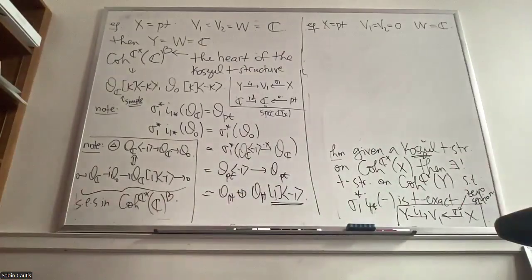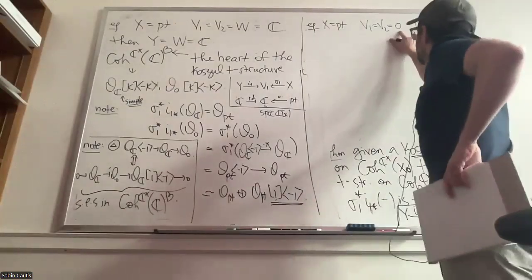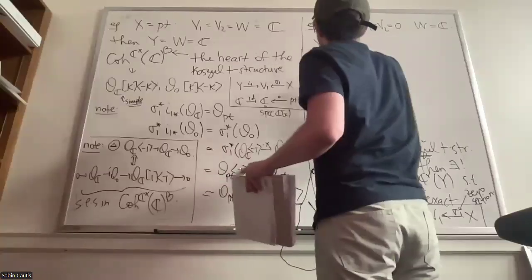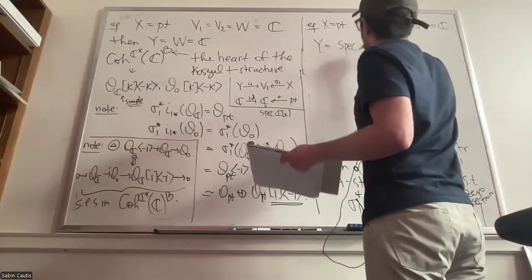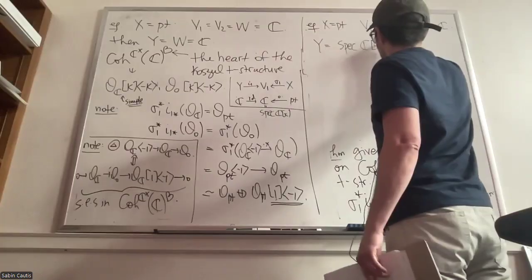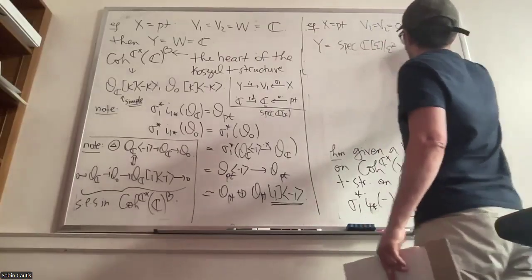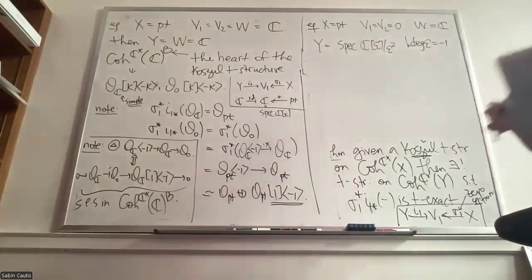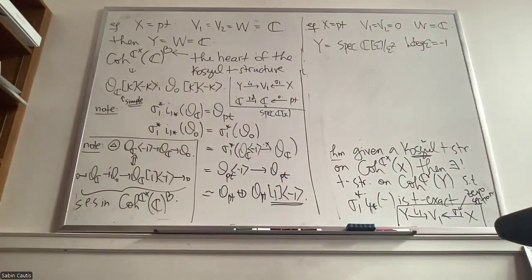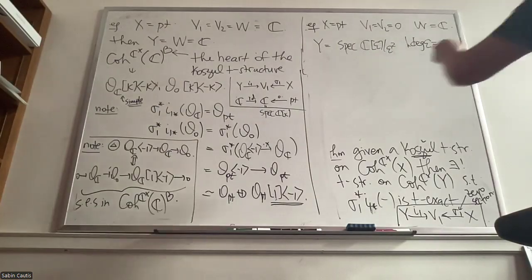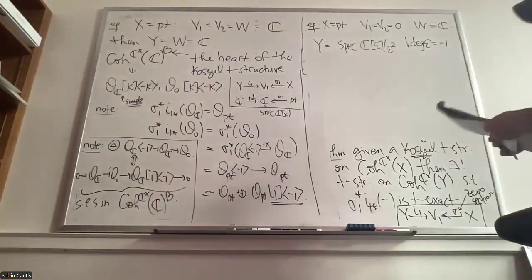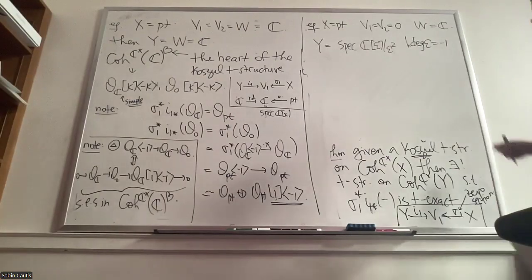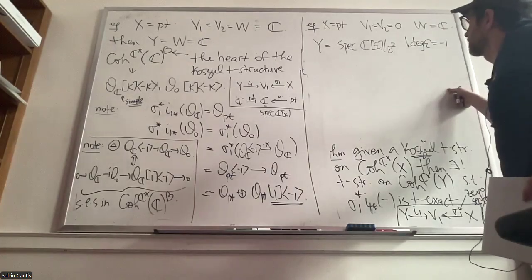So in this case, this is the self-intersection of 0 inside of C. I mentioned this last time, but Y in this case is spec of C[epsilon] mod epsilon squared, where the homological degree of epsilon is -1. So this is a zero-dimensional derived scheme. All right, so that's the space we're looking at.